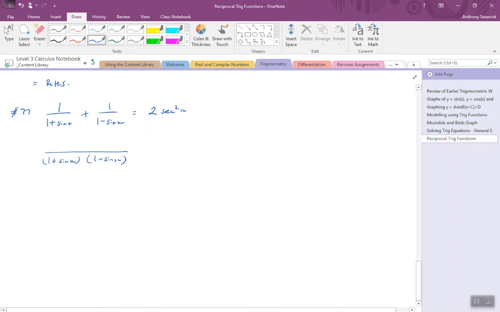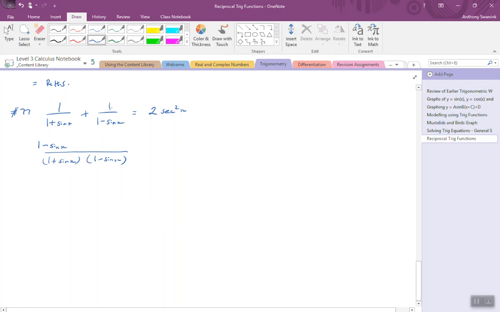So what happens on top? Well, the left-hand fraction, I multiplied the bottom by 1 minus sine x, so I need to do the same for the top. So 1 times that 1 minus sine x is just 1 minus sine x. And if I do the same on the right-hand fraction, I've multiplied the bottom part by 1 plus sine x.